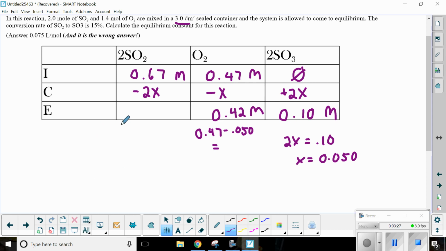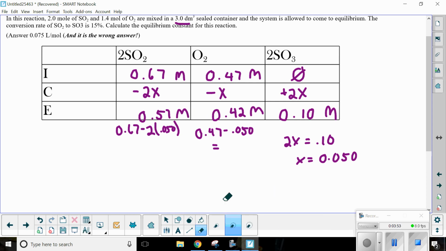And then this one here is going to be 0.67 minus 2 times 0.050, 0.050 times 2. And then I'm going to subtract 0.67 minus that. And I'm going to get this to be 0.57 moles per liter. Now I've got all the information I need to find my K value.